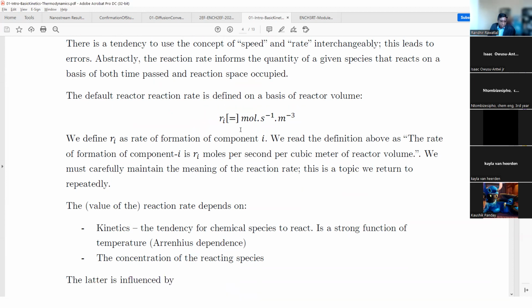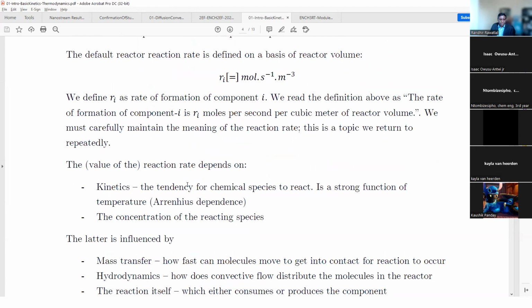So that's the definition of the reaction rate. And the reaction rate itself is affected by two main things: the temperature, right? So the temperature, like we said, changes the reaction rate quite sensitively most of the time. So temperature is one, and then the concentration as well.